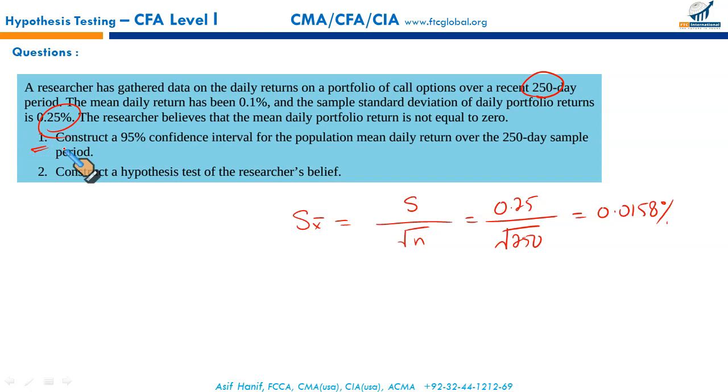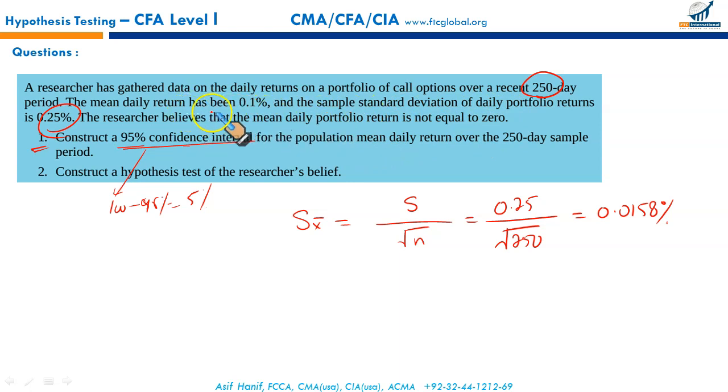Now the question says construct a 95% confidence interval. Okay, so if 95% is the confidence interval, that means the level of significance is 100 minus 95, that is 5%. So for the 5% level of significance, the critical z values for the confidence interval can be calculated this way. Since it's a two-tailed test, as you can see, it says not equal to.